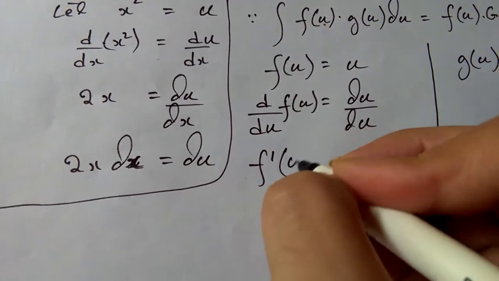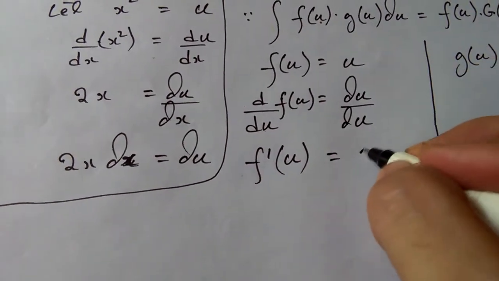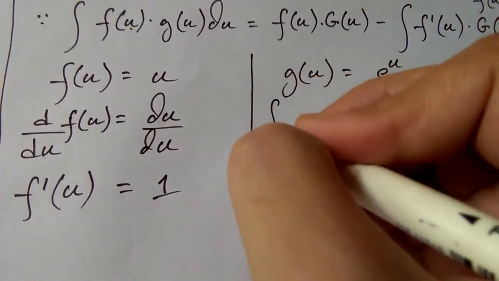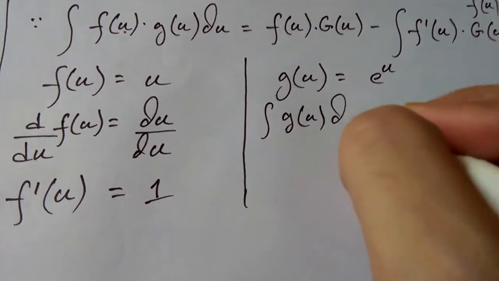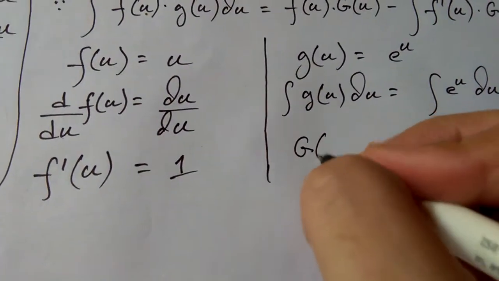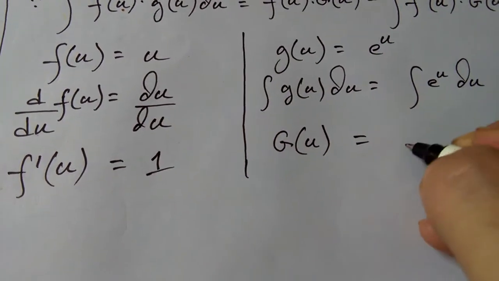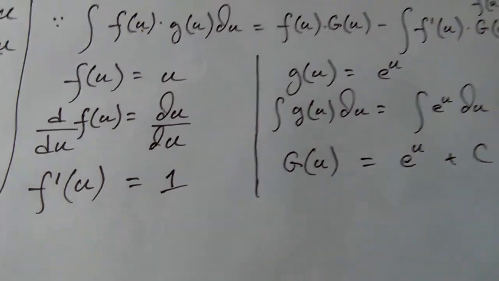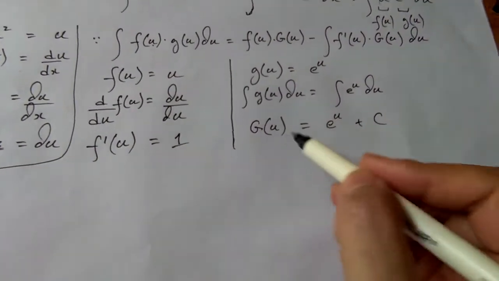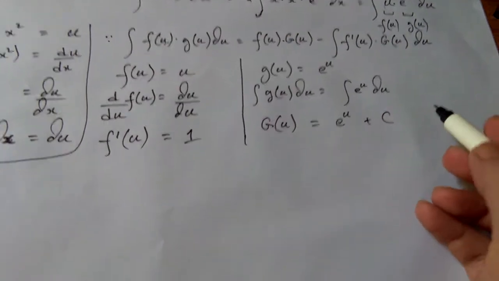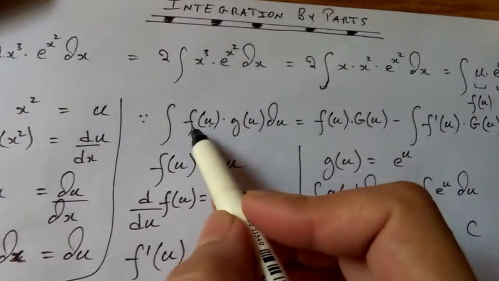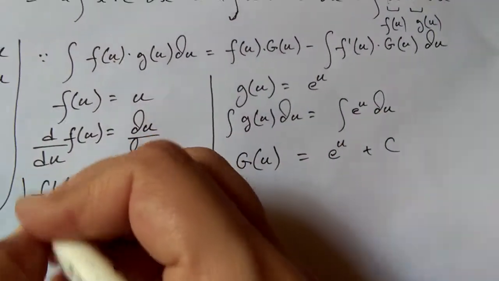So f dash u is just 1, and integrate both sides with respect to your u. This comes out to be your capital G of u, and it is your e of u as it is, or some constant. So now f dash u is 1, g of u is e power u plus some constant, and now you're going to substitute these answers in this formula of your by parts.